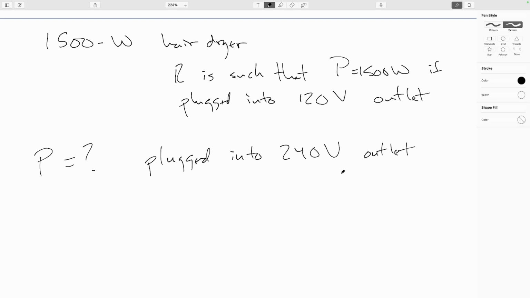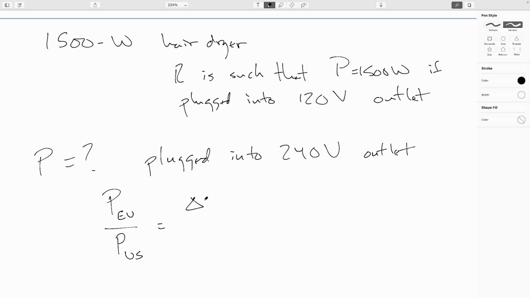We can do this as a scaling problem. The power dissipated in the European Union over the power dissipated in the US: the resistance will be the same in both cases if I forget to throw the switch. The whole point of throwing the switch is you actually change the resistance of the hairdryer. But if you forget, the resistance is the same.